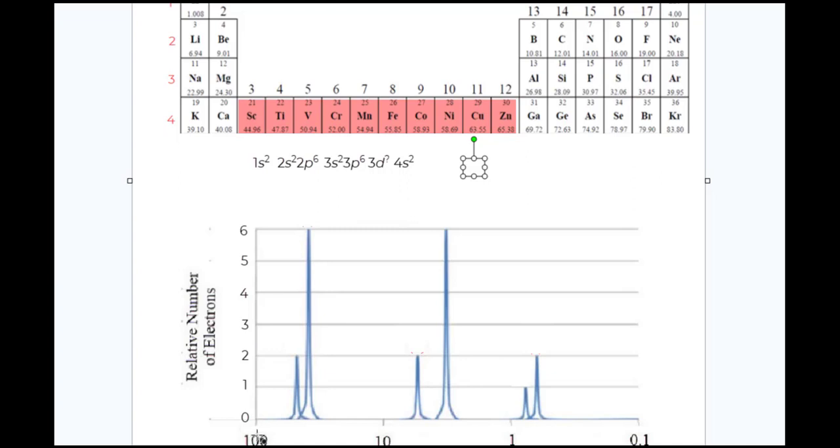And on the AP exam, they've said they'll always have this type of diagram where we've got the highest binding energy in terms of usually megajoules per mole, because we're dealing with the attractions between electrons and that nucleus, and they're going to be high. The left to right is the energies, just like we move across here on the periodic table. The same sequence that we have here will be shown in this graph.